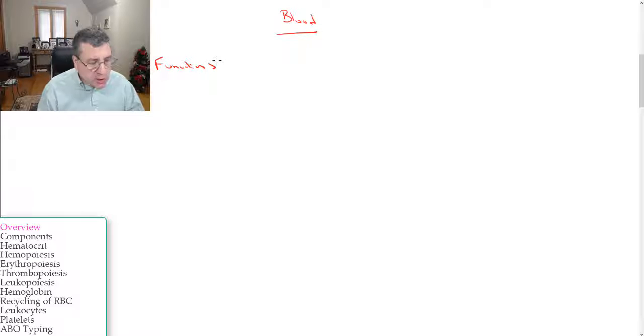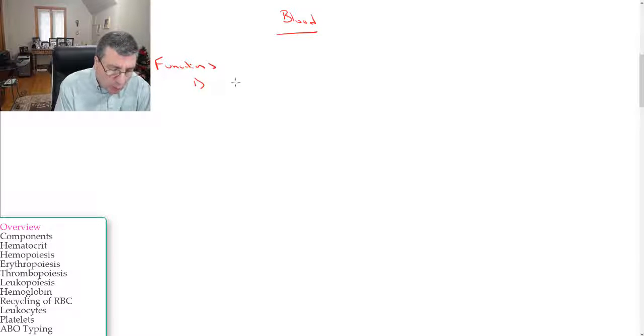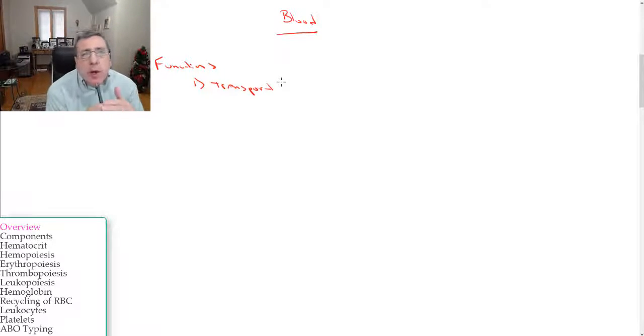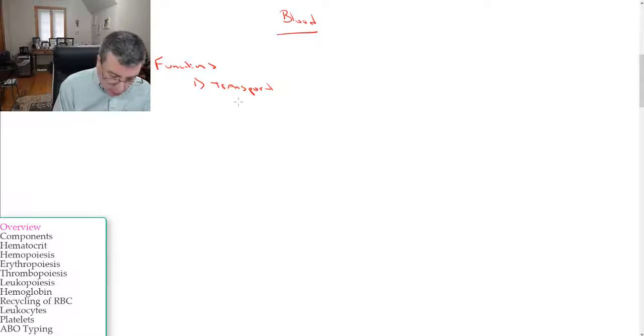So the functions of blood, one is going to be transporting. It does transport mechanisms. And what do you think it transports? What's the first thing that you think of that blood transports? It should be respiratory gases. So you're looking at oxygen and carbon dioxide.